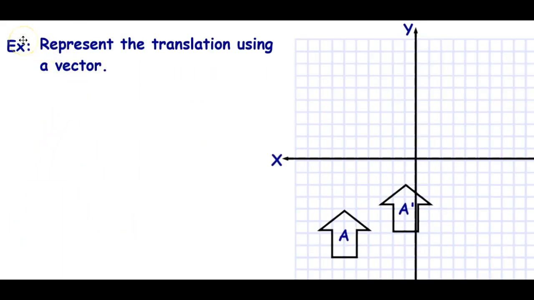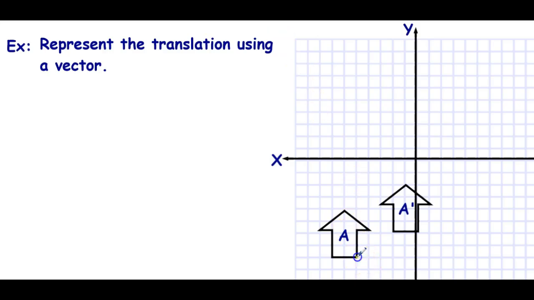Represent the translation using a vector. Looking at the graph, I can see that this figure, which is an arrow, figure A, was translated in this direction to A prime. To figure out exactly how it was translated, I need to take one corner or vertex, a point which I can name, and move it up and over to its corresponding corner on A prime.